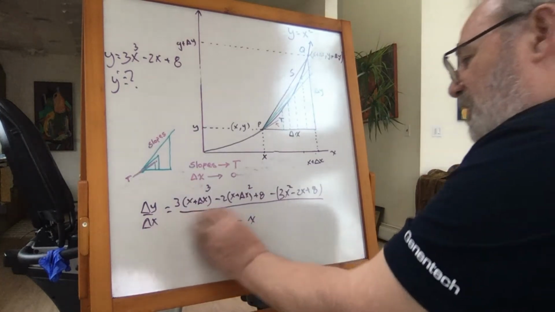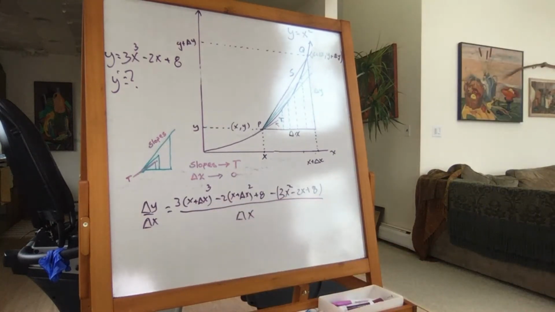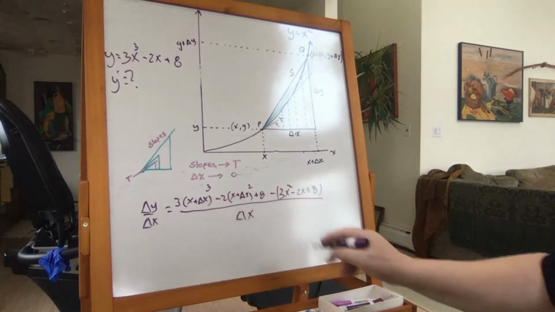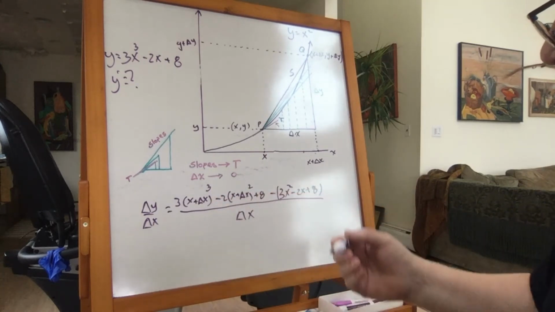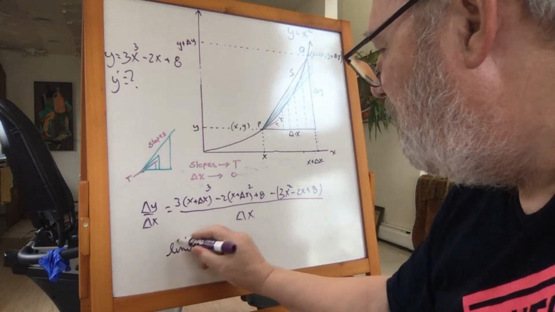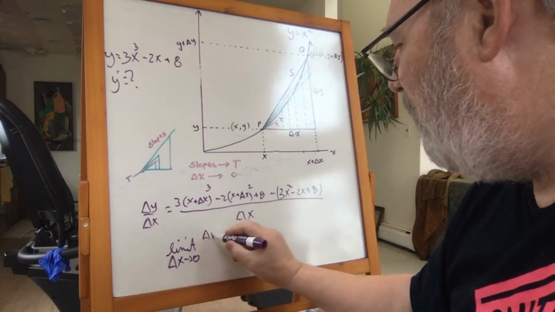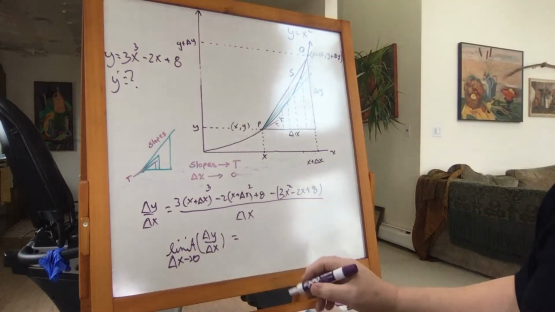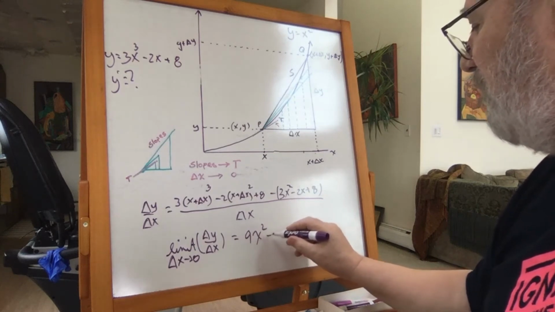So that's delta x. And when we work out the math, expand these, subtract that off from the expansion, we're going to be left, when we take the limit as delta x goes to 0 of delta y over delta x, with, in this case, 9x squared minus 2.